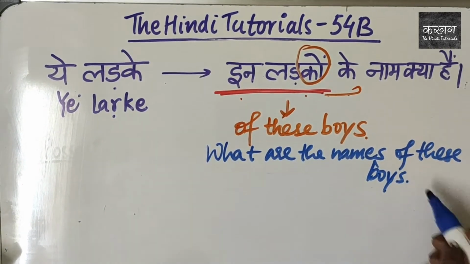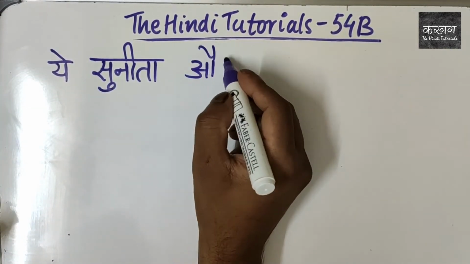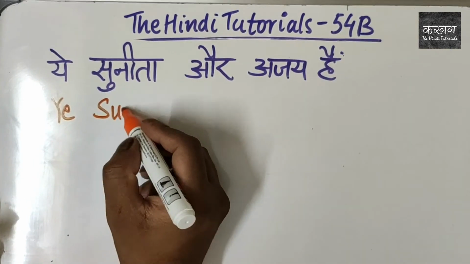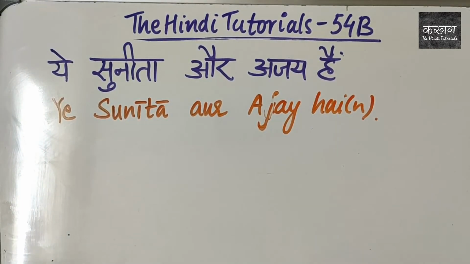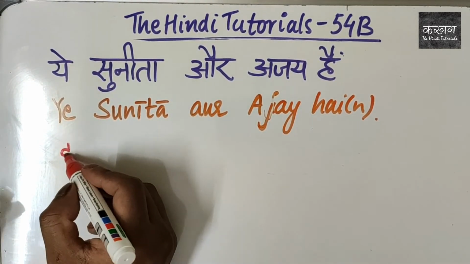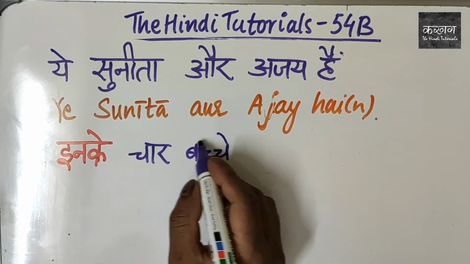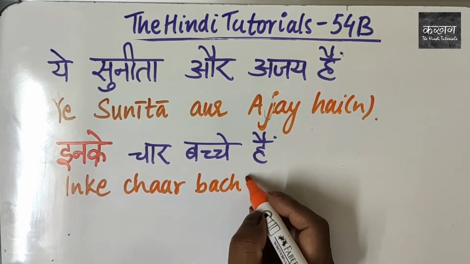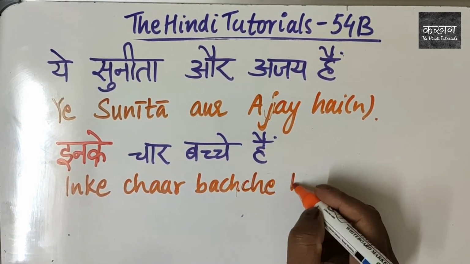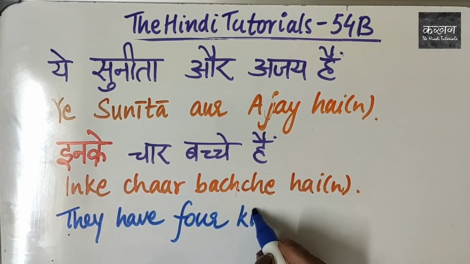What are the names of these boys? The next sentence. ये सुनीता और अजय हैं. They are Sunita and Ajay. इनके 4 बच्चे हैं. This doesn't have an equivalent grammatical structure in English. इनके 4 बच्चे हैं. They have 4 kids.